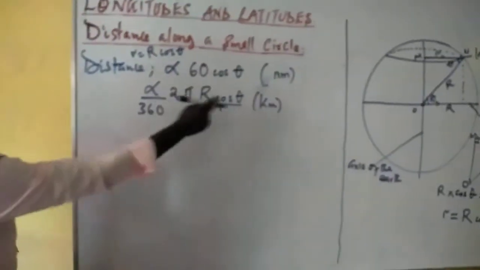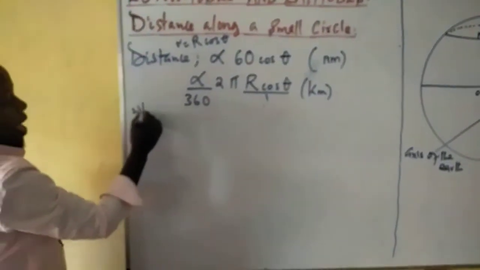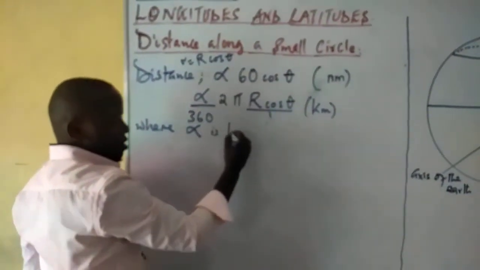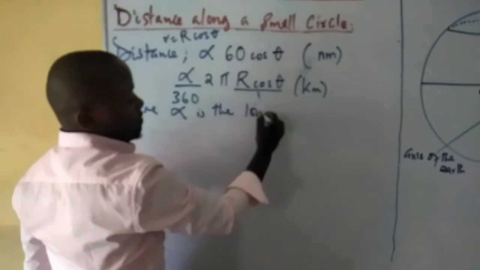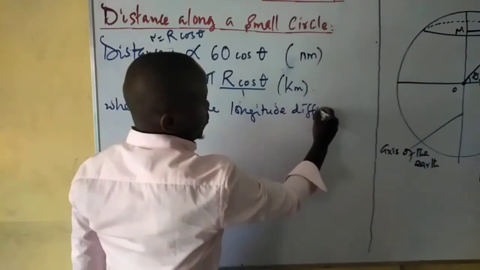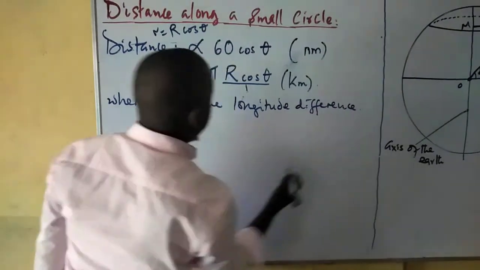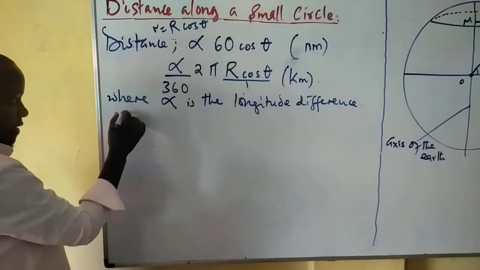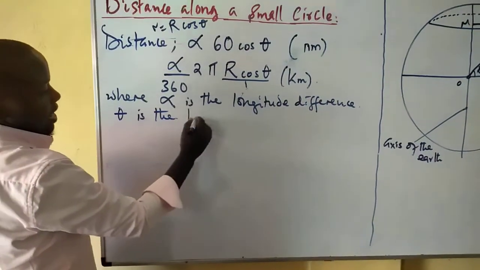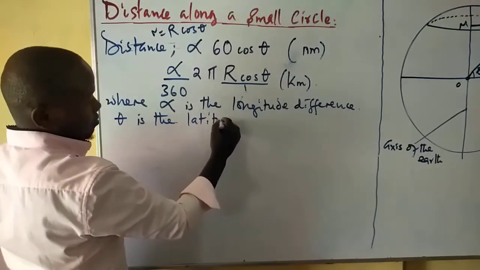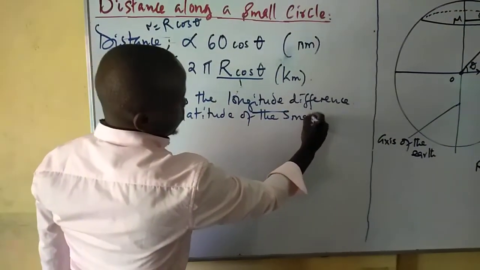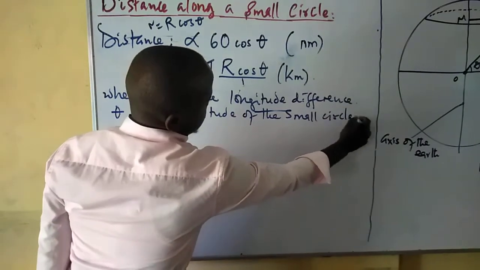For these formulas, alpha is the longitude difference, and beta is the latitude of the small circle, or where the small circle is.